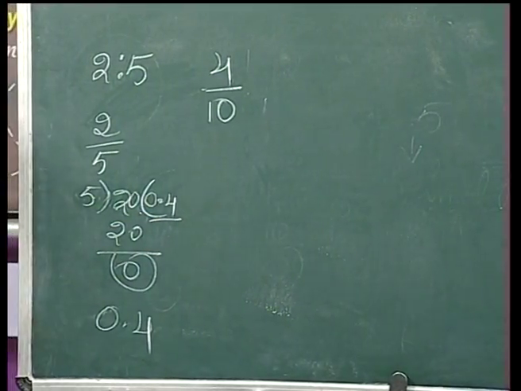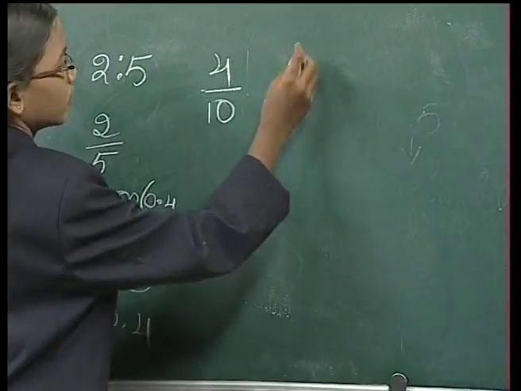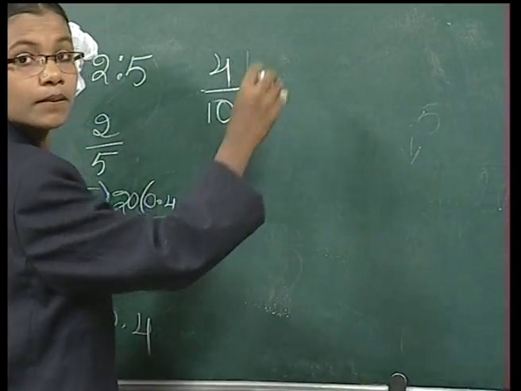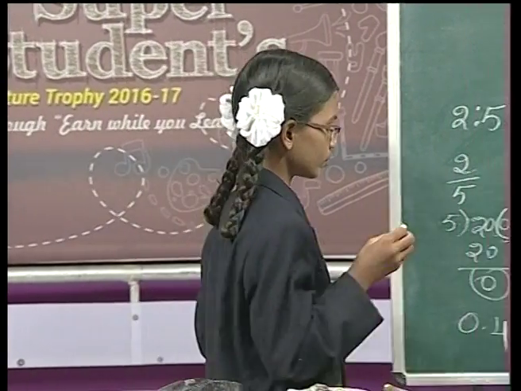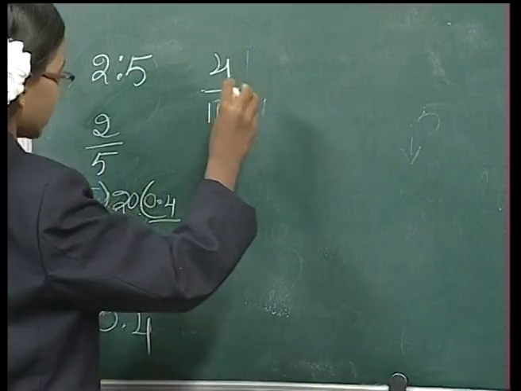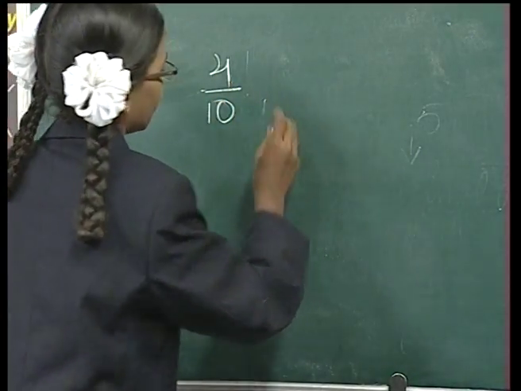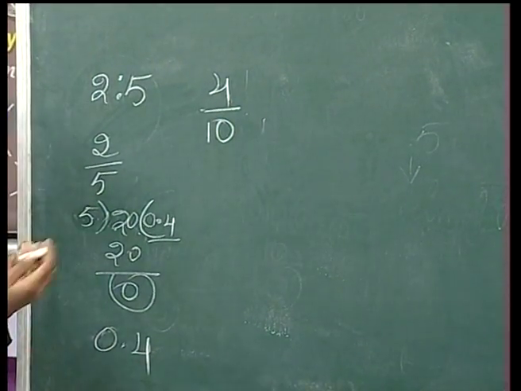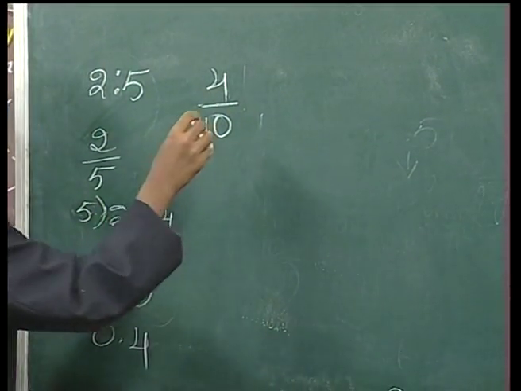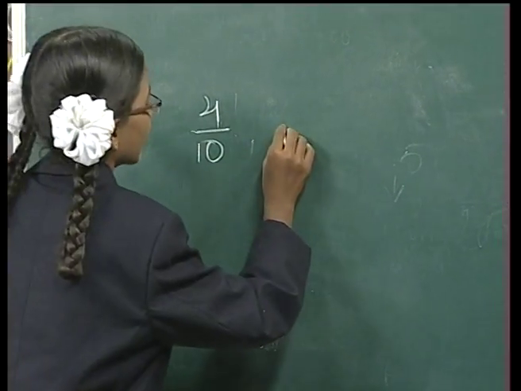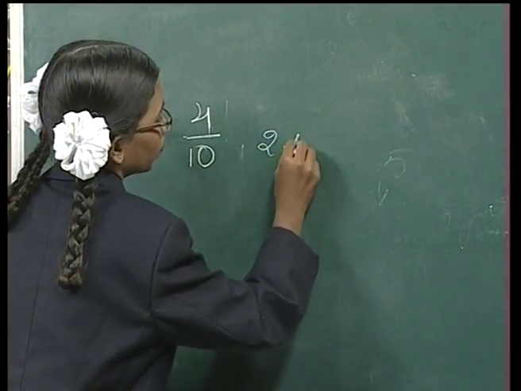Friends, now we are discussing how to convert decimal into ratio. For example, 2.5.